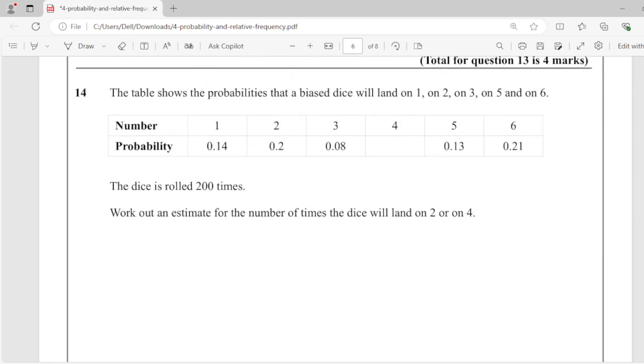Question 14. The table shows the probabilities that a biased dice will land on 1, 2, 3, 5, or 6. The dice is rolled 200 times. Work out an estimate for the number of times the dice will land on 2 or on 4. The first step here is to find the missing probability.